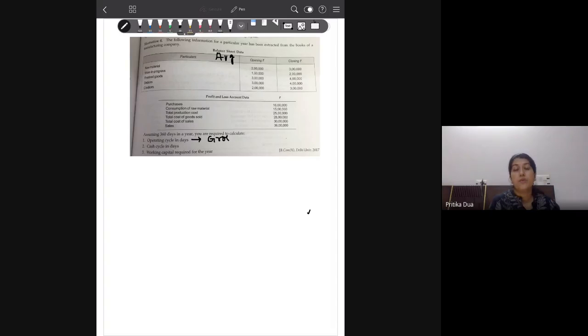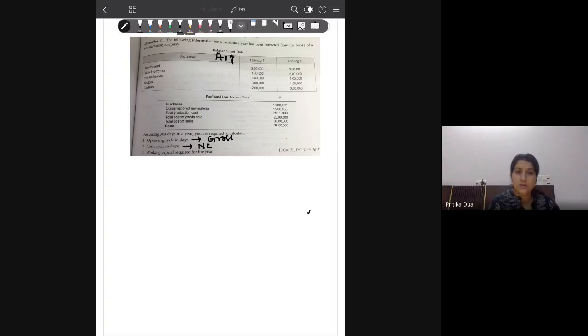What was gross operating cycle? The sum total of inventory conversion period plus debt collection period. Cash cycle was the net operating cycle, which was gross minus the credit payment period. And the third part of the question is working capital required for the year.